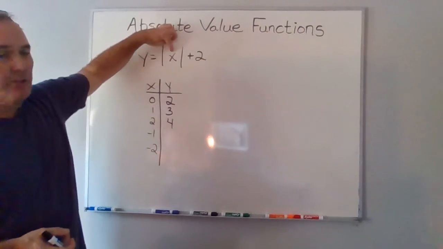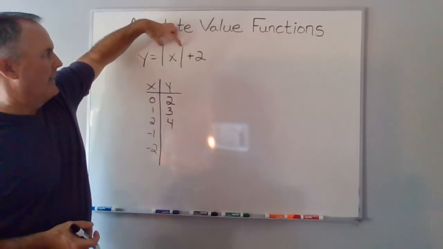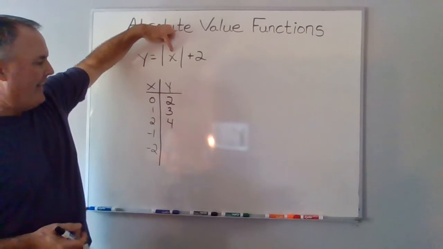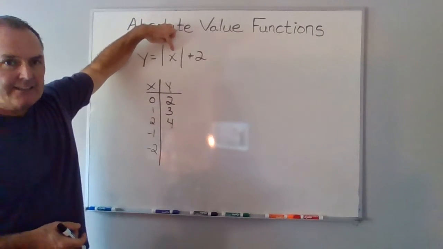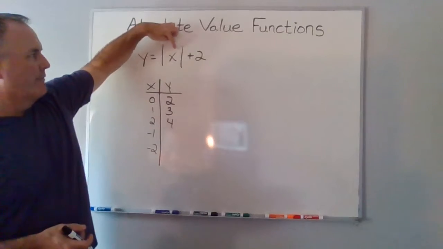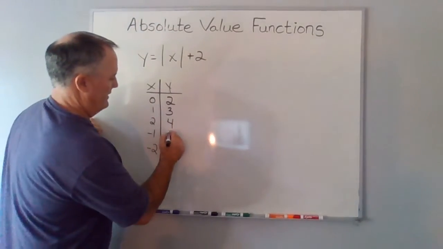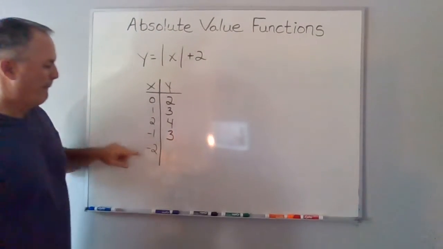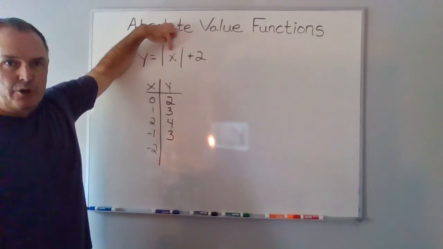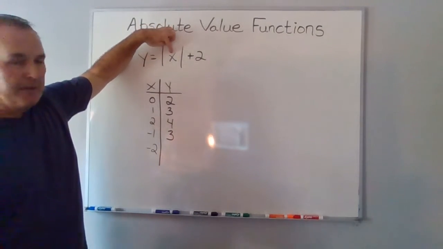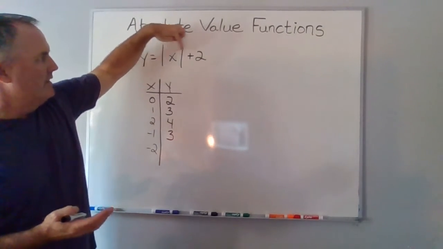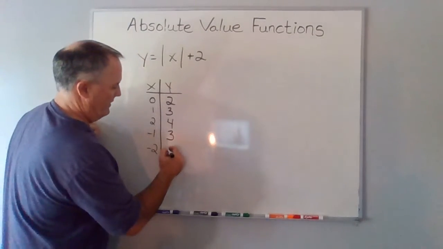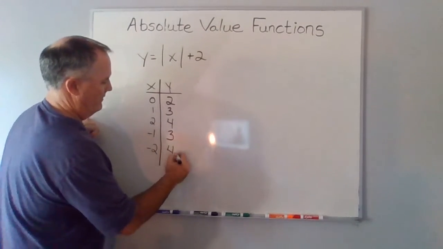Now, if I plug in -1, remember the lines of the absolute value make that -1 now a +1. So +1 plus 2 is 3. If I plug in a -2, -2 becomes a +2. +2 plus 2 is now a 4.